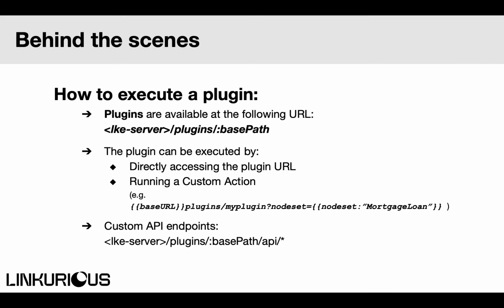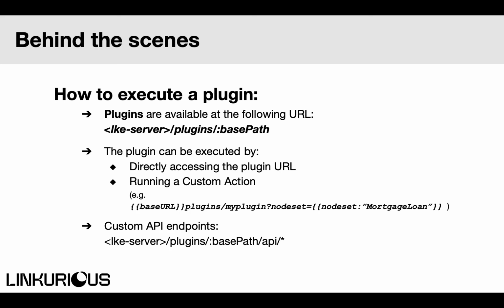Finally, I want to talk about how it's possible to execute a plugin. We saw before that every plugin has a base path. This base path must be manually declared in case you want to have multiple instances of the same plugin, but in case the plugin has a single instance, the base path will match the plugin name.